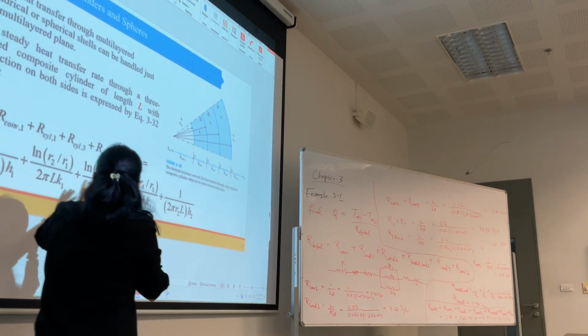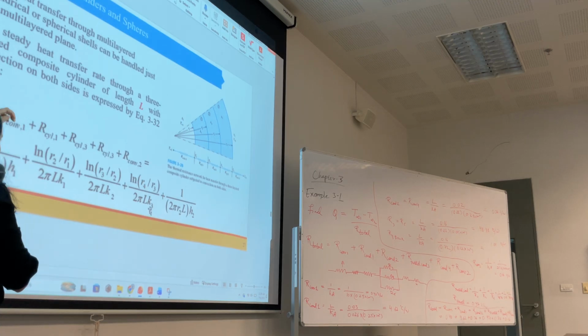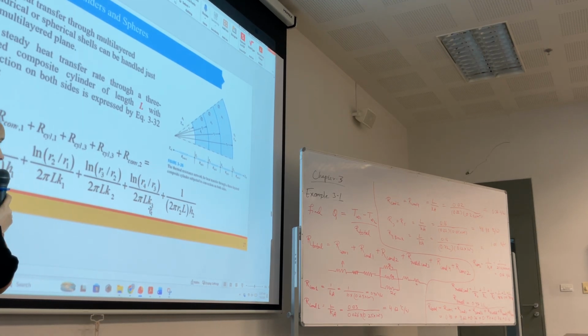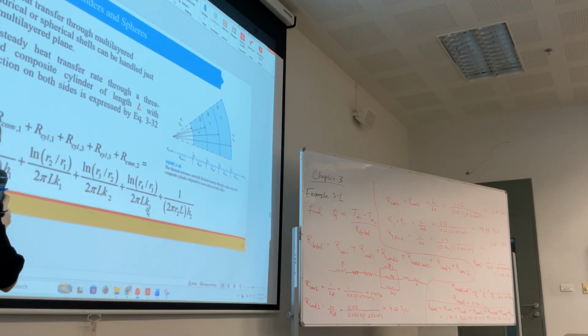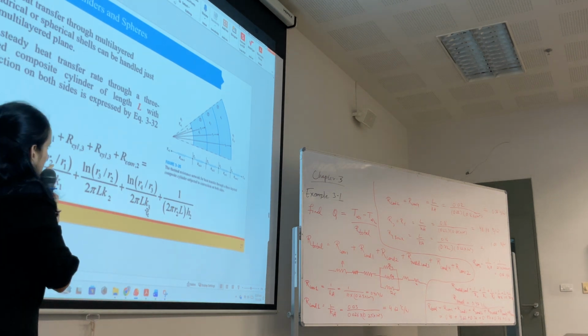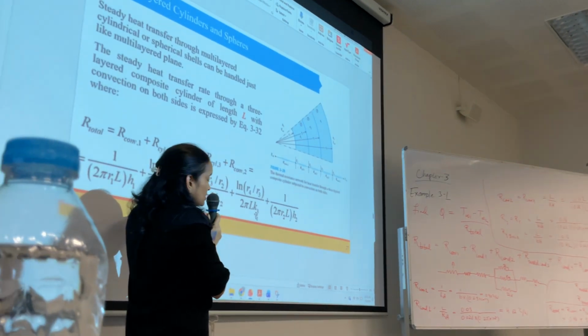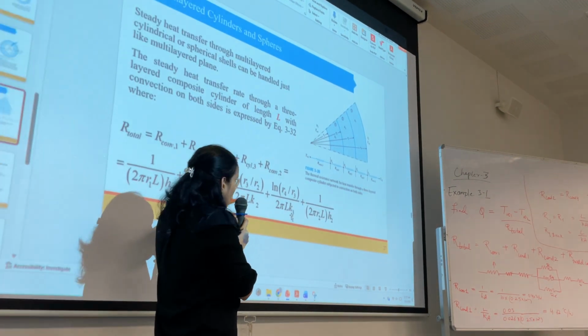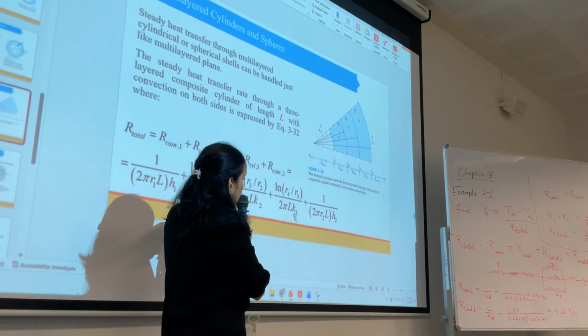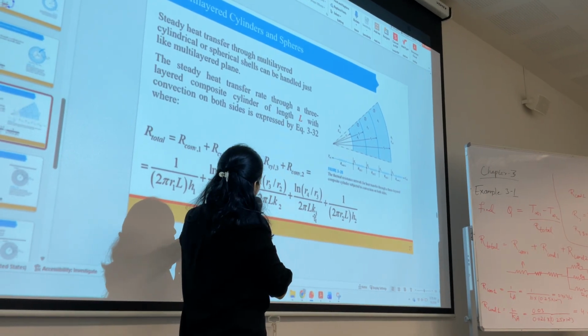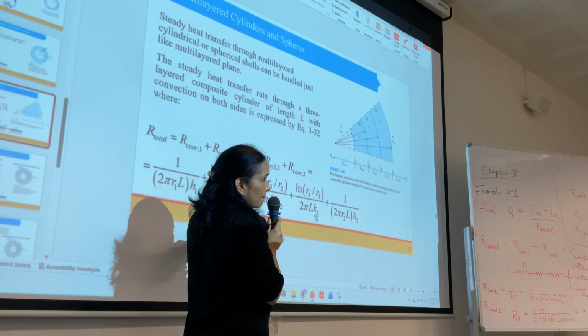In a cylinder, the heat transfer by convection is 1 divided by h1A. A for cylinder is 2 pi R1 L. Heat transfer by conduction in a cylinder in layers is ln R2 divided by R1, divided by 2 pi L k1.